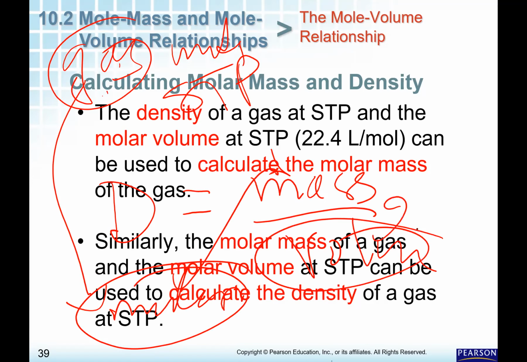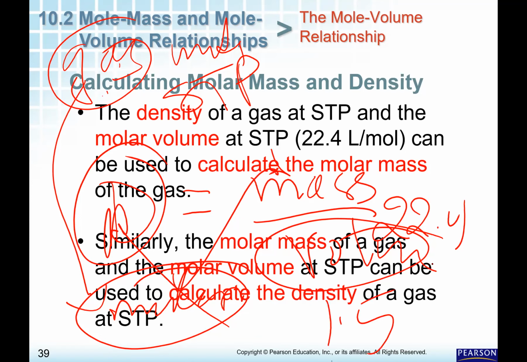So this one can be 22.4 liters, and I can calculate the density. If I tell you any gas has a density of 1.5, then you know for sure that the molar mass of that gas is 1.5 times 22.4 liters, because you substitute.